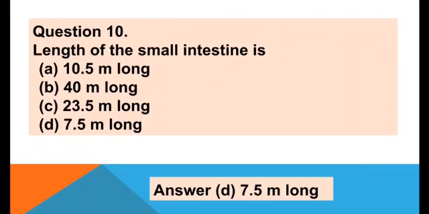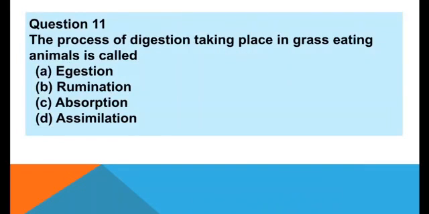Now we have question number 11. The process of digestion taking place in grass eating animals is called what? Because the digestion which takes place in humans is called the digestion of food, and the same process happens in grass eating animals also. So is there any particular name, what is the term for digestion in the ruminant?